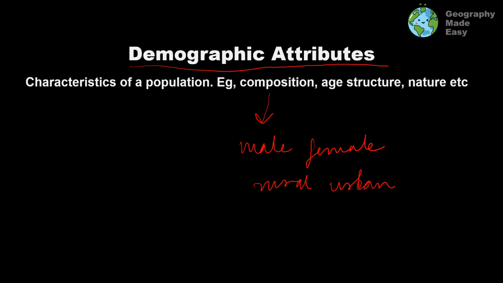We also have a transition zone here. So we can have places which fall within the rural urban spectrum as well as within the male and female spectrum. We can have the third gender or the LGBTQ. But we will not go into that here. We will stick to the simple versions.